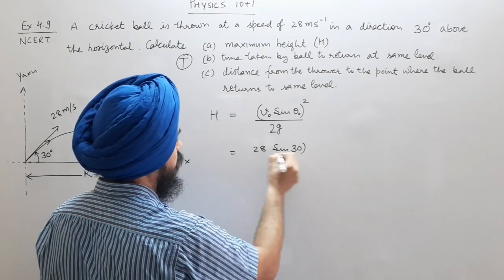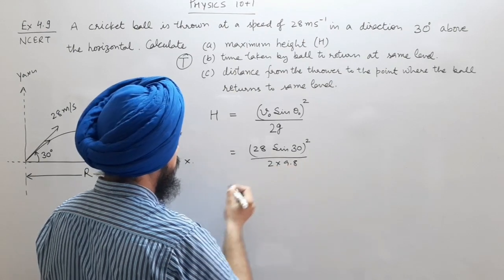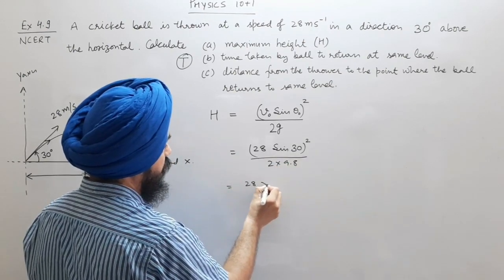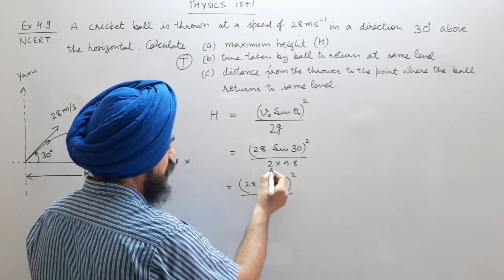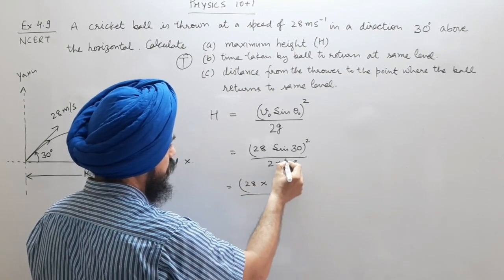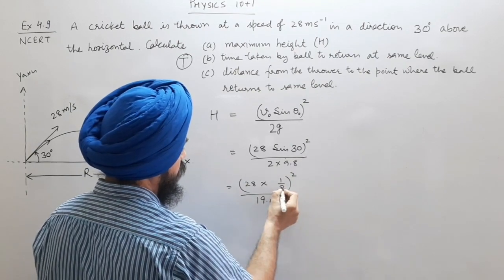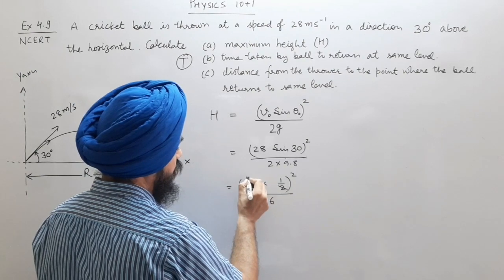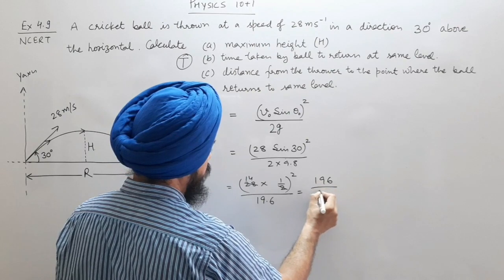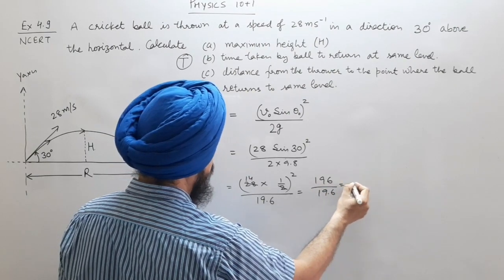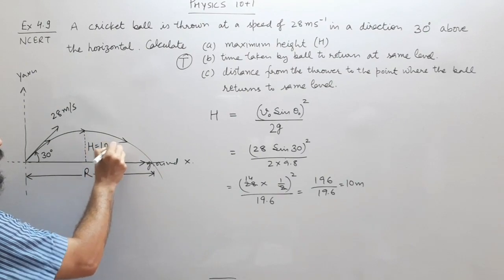So 28 multiplied by 1 by 2, square, upon 19.6. So it is 196 divided by 19.6. This will give me 10 meters. The maximum height is 10 meters.